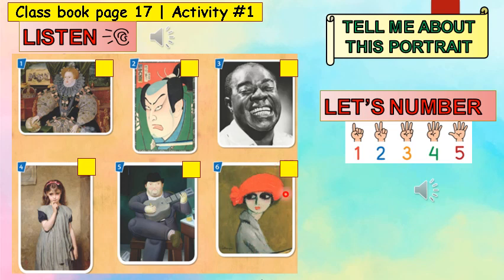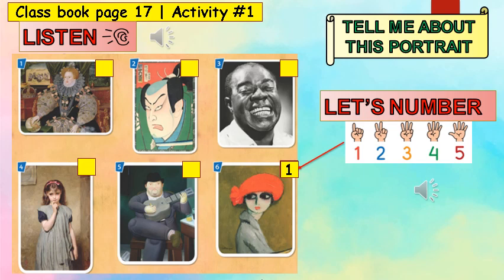Oh, this picture. Yes, this picture is going to be the number 1 because we listen according to the audio, okay? Let's continue with all the complete audio and let's number according to the order, okay? According to the order. Let's listen again. 1, 2, and 3. Go ahead.